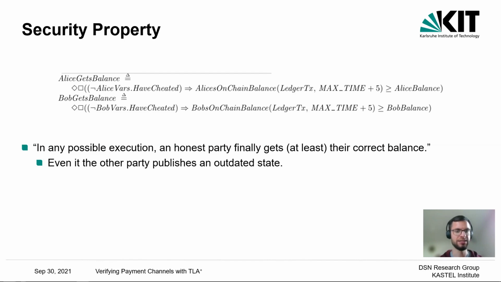In TLA+, this means, formulated for Alice and Bob, that from some point in time on, if Alice has not cheated, then her on-chain balance must be greater or equal to the balance according to the protocol. So this is a high-level specification of the security property, and it implies the two properties that I have shown you before.